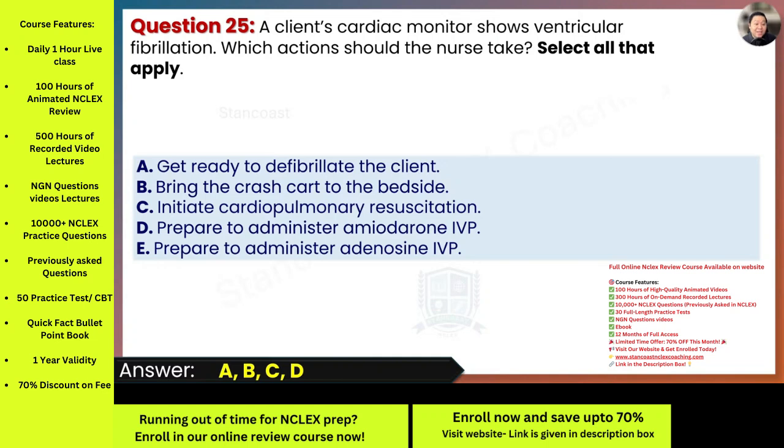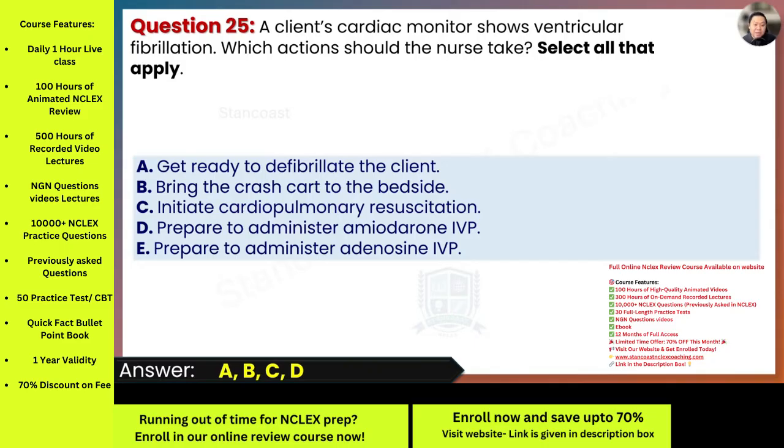Starting CPR immediately can also prevent irreversible organ damage, and this increases the likelihood of survival. Again, this is a very critical step to buy time and provide life-saving support before defibrillation can occur.